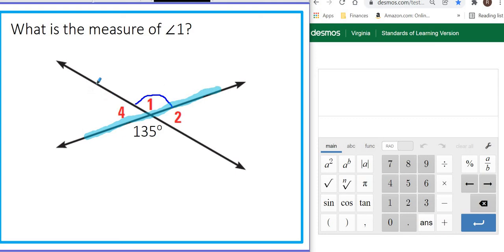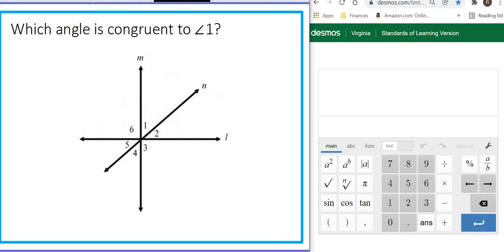They don't form a corner, but they are across from each other. So if they are across from each other, that means they are vertical. So that means angle 1 is 135 degrees because vertical angles are always congruent. That means they're the same size, but they are never adjacent because they're across from each other and don't share a side.